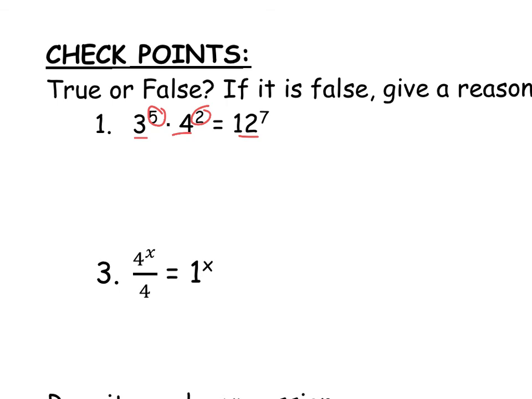You'd have to figure out what 3 to the 5th is and 4 to the 2nd. Well, that's 16, and then multiply them that way. But this is false. If it was like 3 to the 5th times 3 to the 2nd, yes, that would be 3 to the 7th because they are the same base, okay?